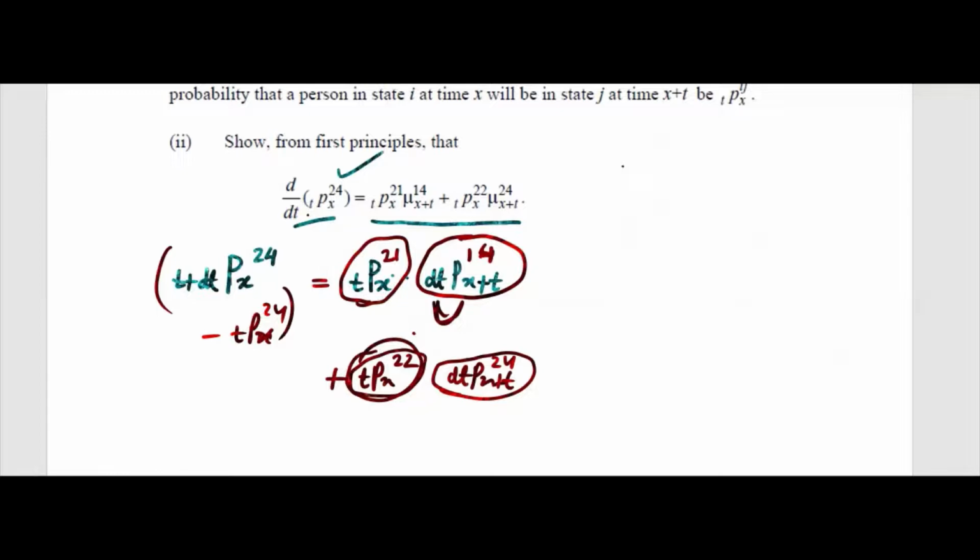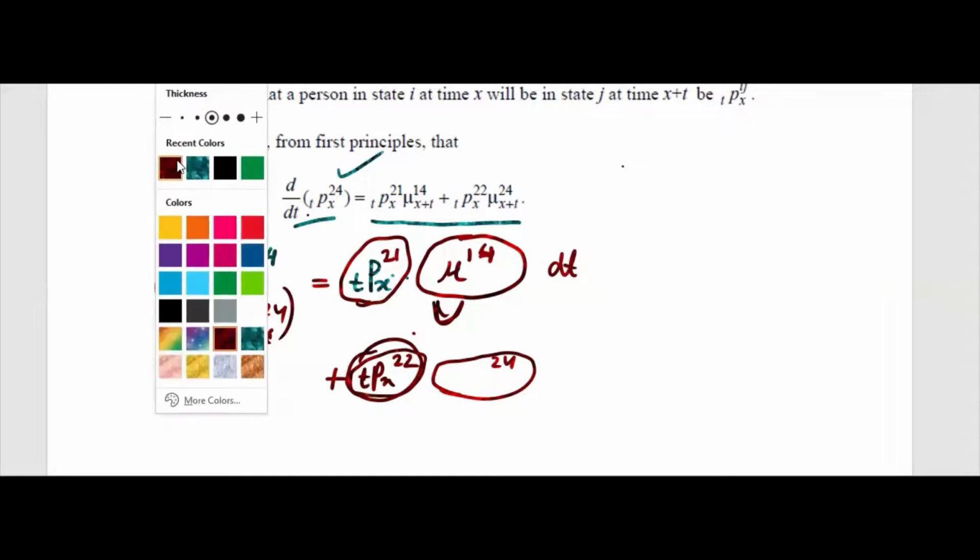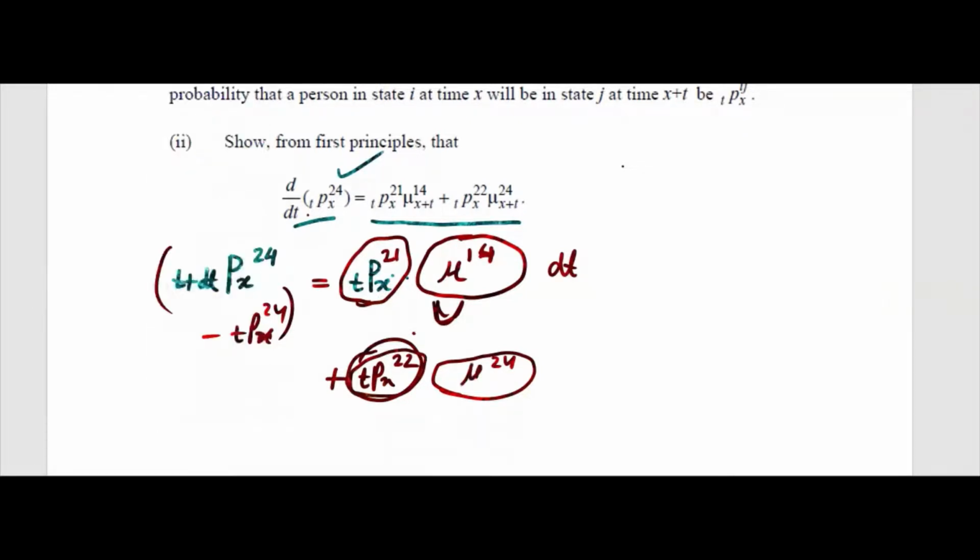Okay, we'll write 1 to 4. So let me replace this by mu and dt, and this one also, p is mu dt. Right here mu 2 to 4 dt.